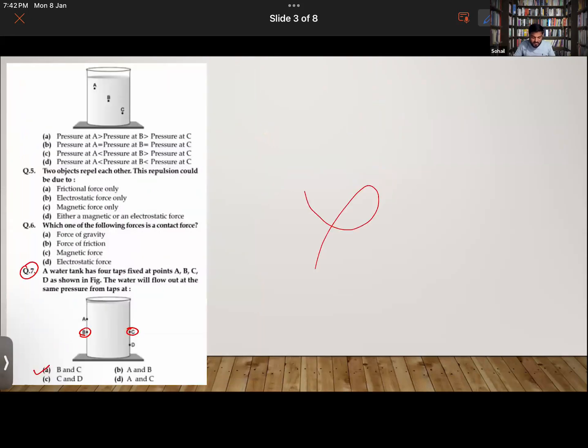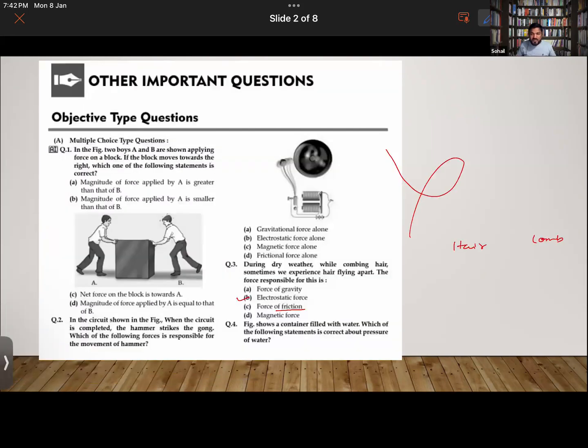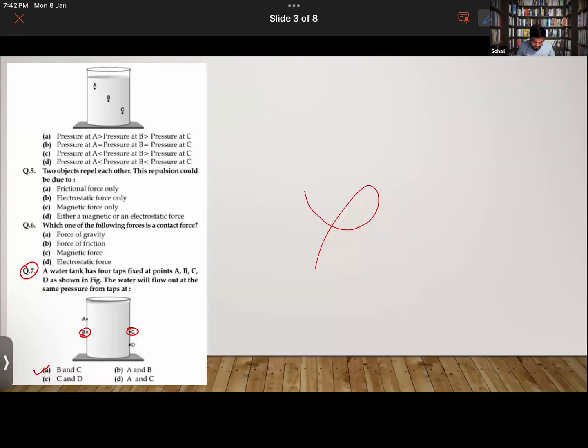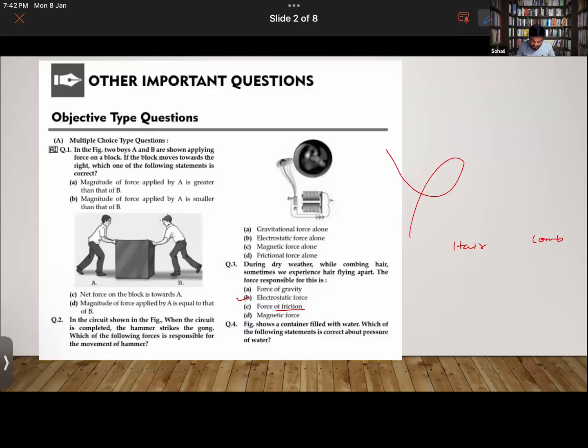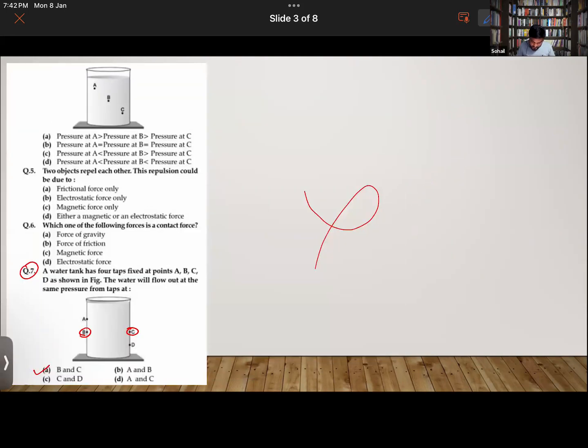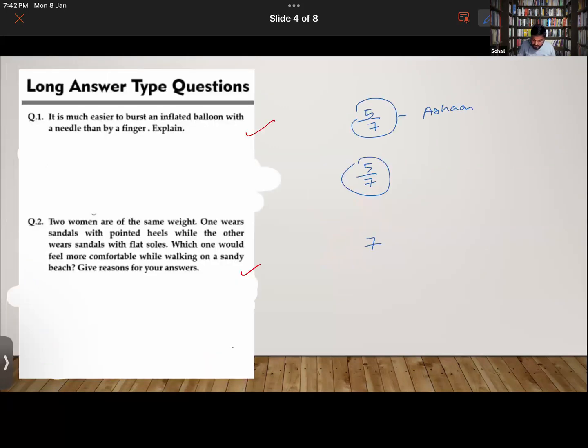And Ahmed, for you, since you attempted this paper, there was a slight confusion. Still, these questions were of a good nature. So in total there were 9 questions. If I were to give marks to you, you got 7 out of 9.